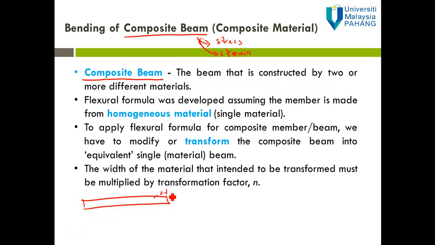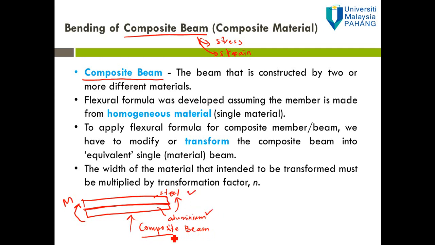This is steel material, firmly bonded with, for example, aluminium, and then subjected to bending moment M. This is what we call a composite beam. We have two materials now, steel and also aluminium.